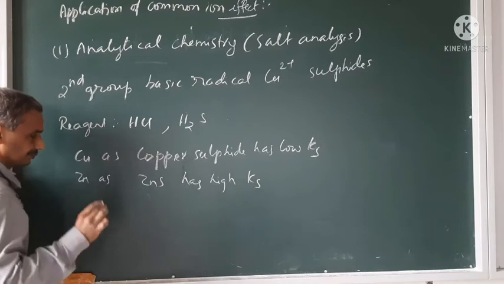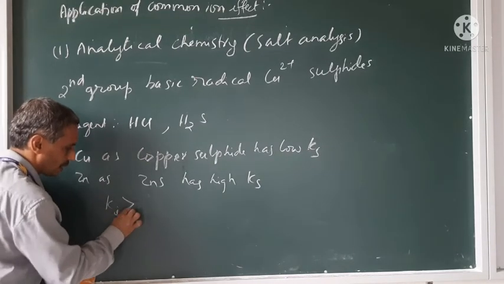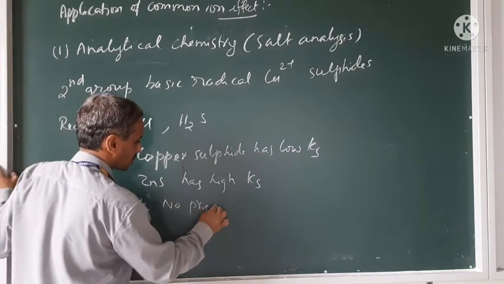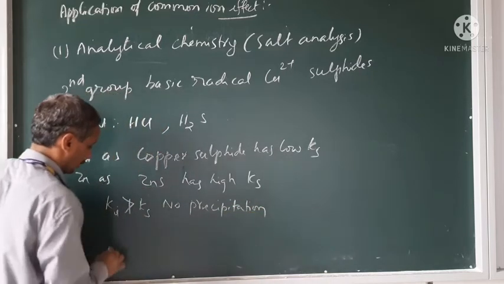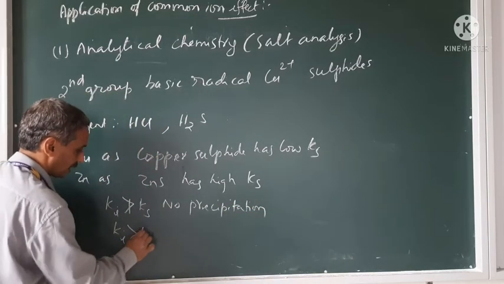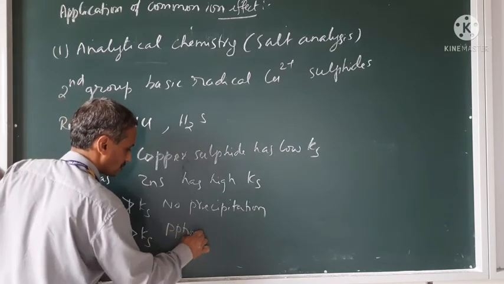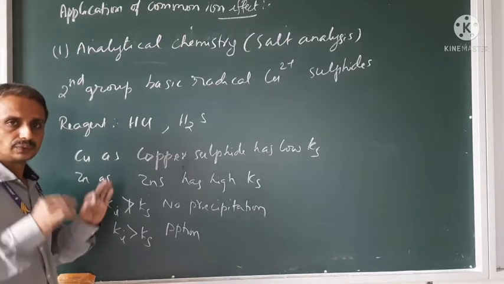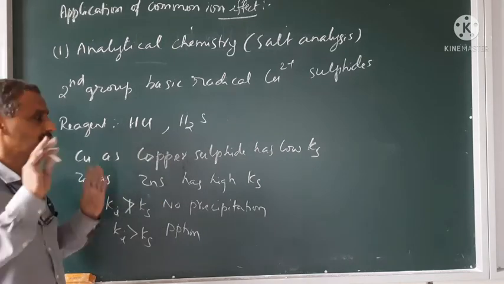And one more point to remember: if Ki is not greater than Ks, then no precipitation. Whereas if Ki is greater than Ks, then precipitation occurs. Clear this? Without the ionic product crossing the solubility product, there is no precipitation.